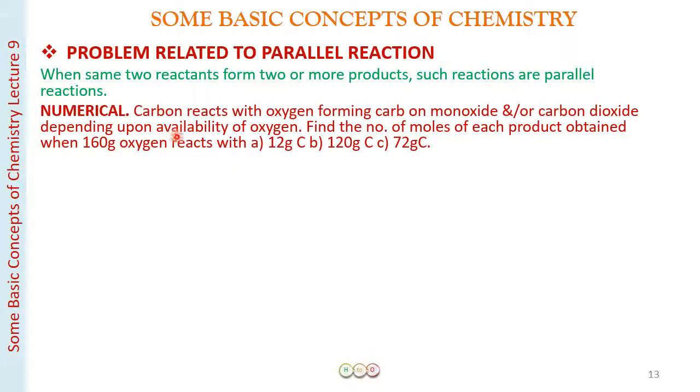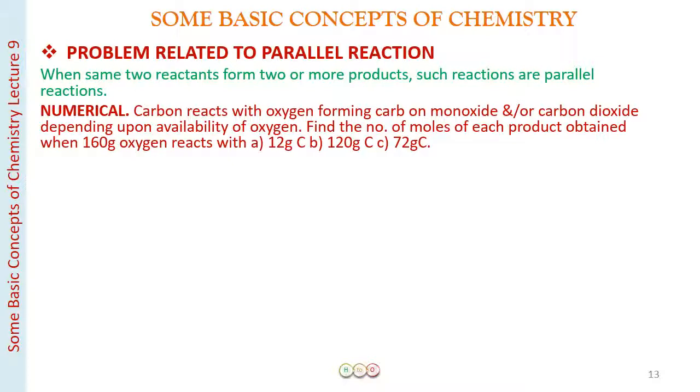So here what happens is that when carbon is reacting with oxygen, first of all, if the oxygen is less, then the compound formed is carbon monoxide. You will see in many of the questions in inorganic and organic chemistry also, that on incomplete combustion, carbon forms carbon monoxide, and on complete combustion it forms carbon dioxide.